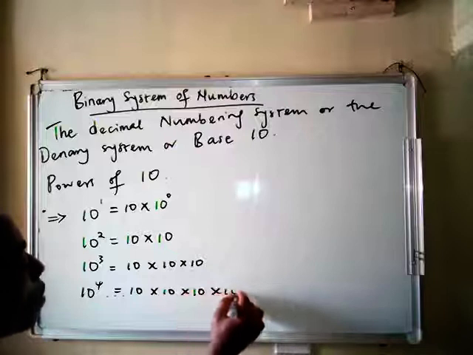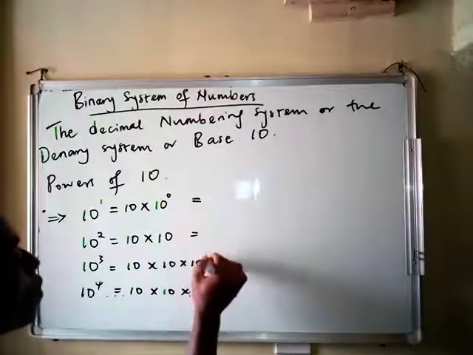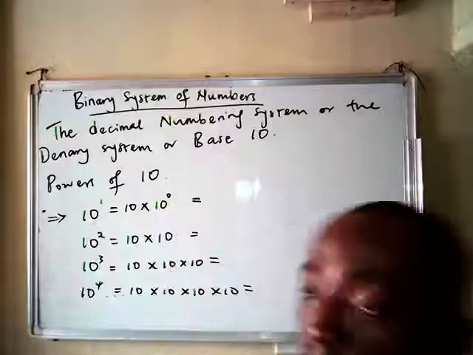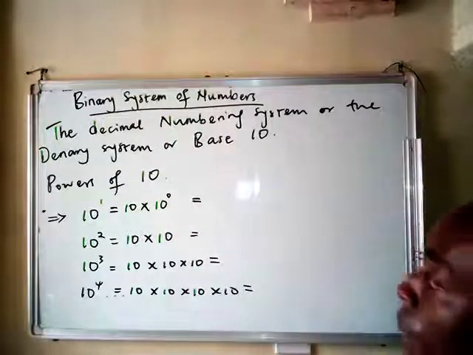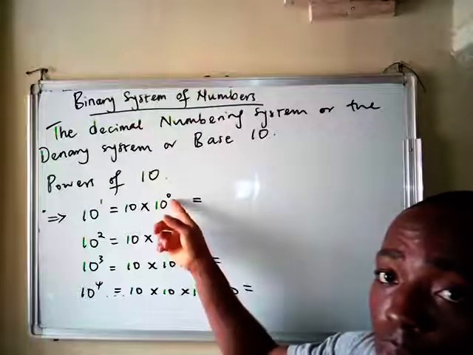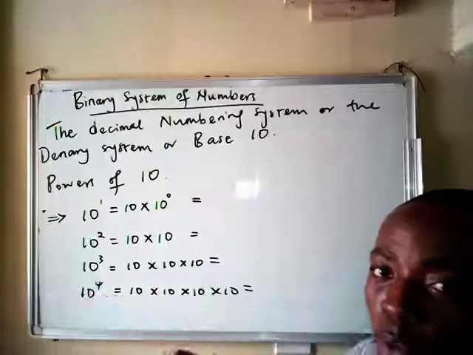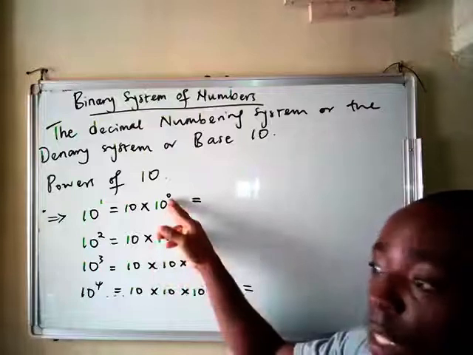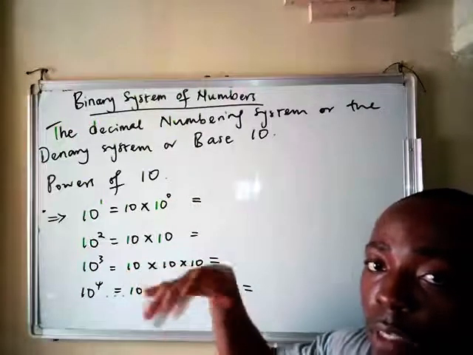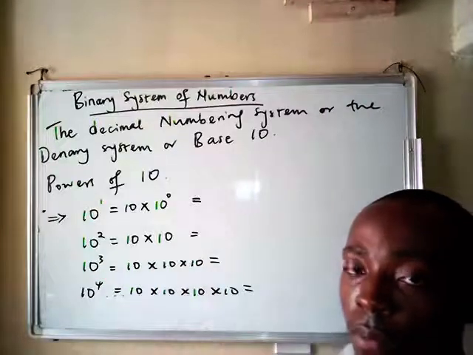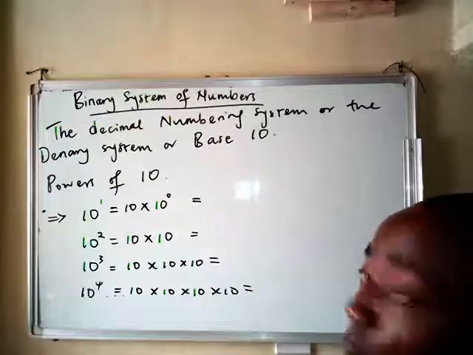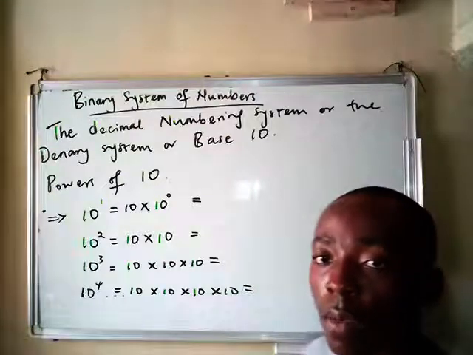And when you speak of powers of 10, you are talking about 10 raised to power 1, 10 raised to power 2, 10 raised to power 3, 10 raised to power 4, like that. Now you know that 10 raised to power 1 is 10 times 10 raised to power 0. This will be 10 times 10 raised to power 1.